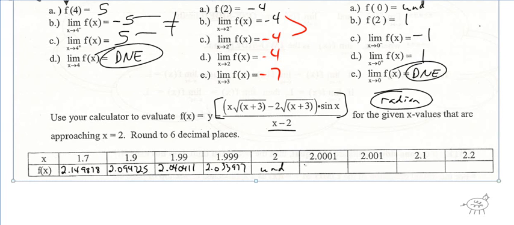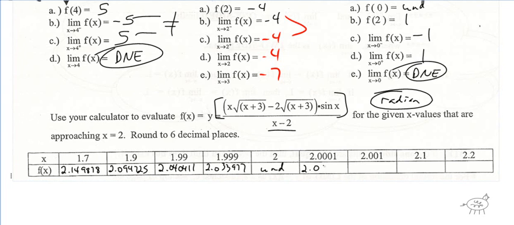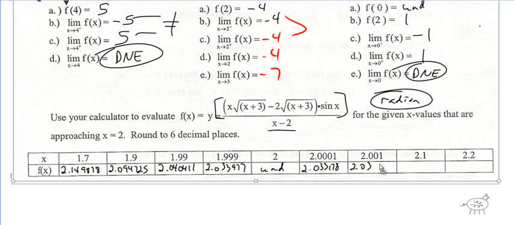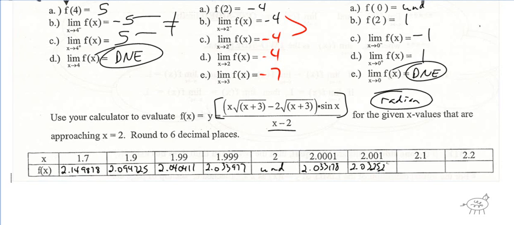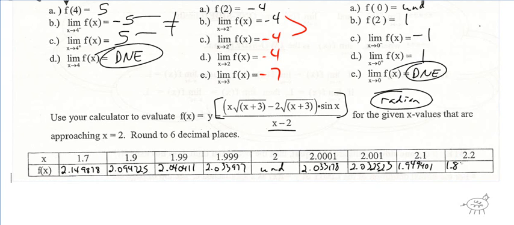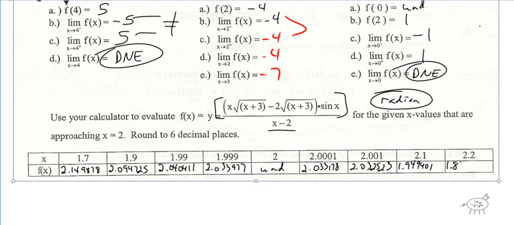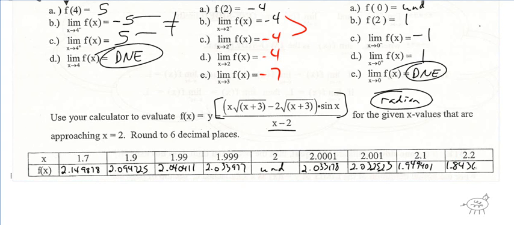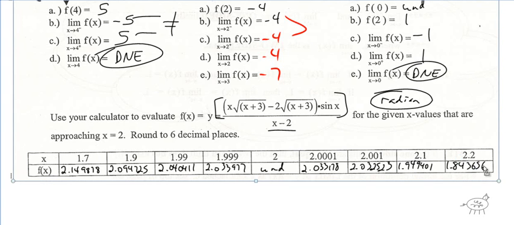Okay, and then the other side, 2.033178, 2.032523, and 1.949401, and 2.2 gives me 1.843656.